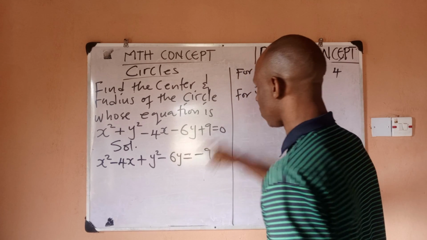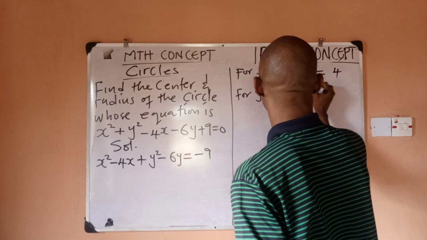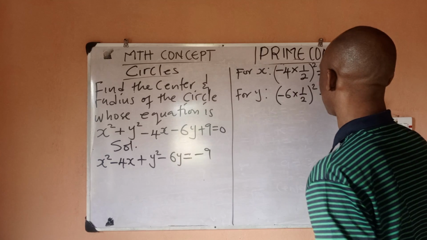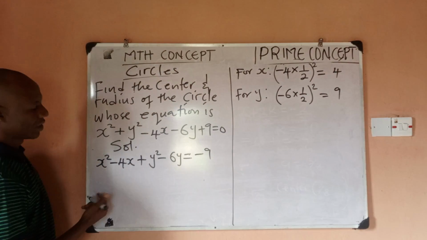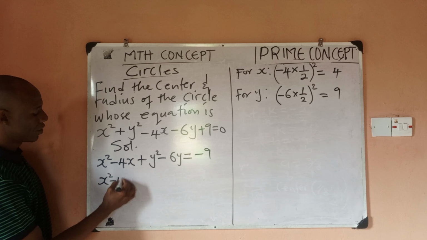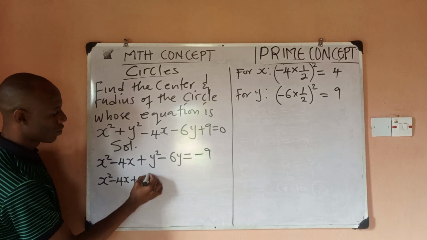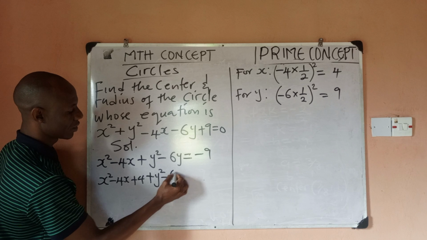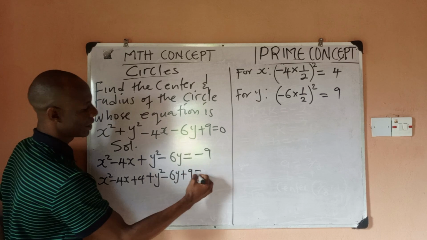I'll do the same thing for y. So the coefficient of y here is minus 6 times half, all squared, right? This and this is minus 3. Minus 3 all squared is what? 9. So I'm going to add this number to both sides of this equation. So it means I would have x squared minus 4x plus 4, then I'll have y squared minus 6y plus 9, then equal to, what do I have here?